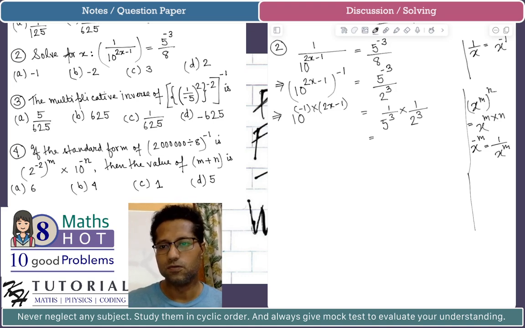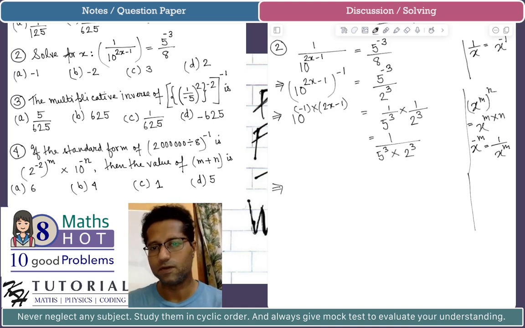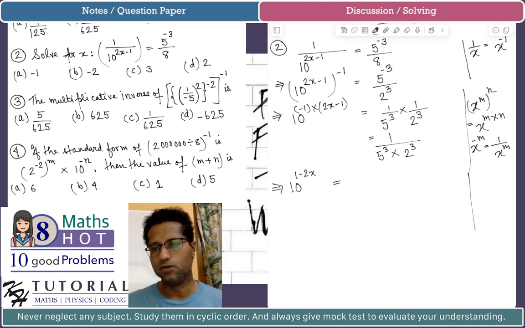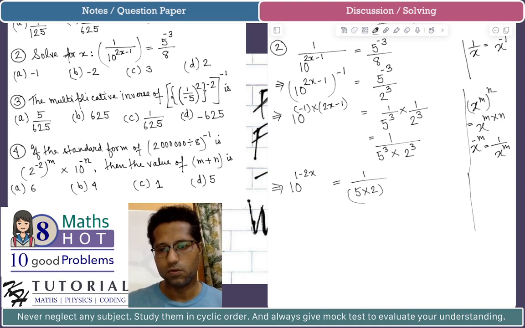So this is equal to 1 by 5 cube multiplied by 2 cube. Now this implies 10 to the power minus 1 multiplied by 2x minus 1, that gives 1 minus 2x. So 10 to the power 1 minus 2x is equal to 1 by, in the denominator, 5 cube multiplied by 2 cube, that becomes 5 multiplied by 2 whole cube.